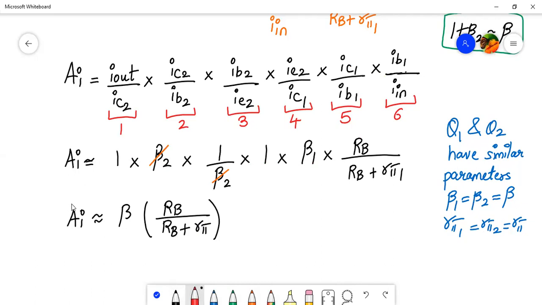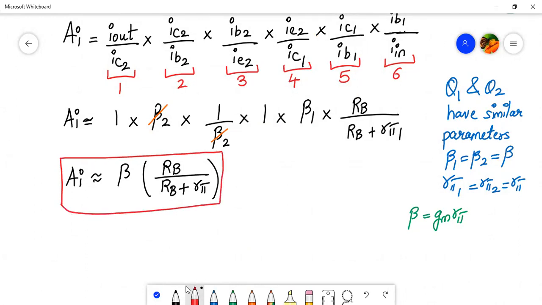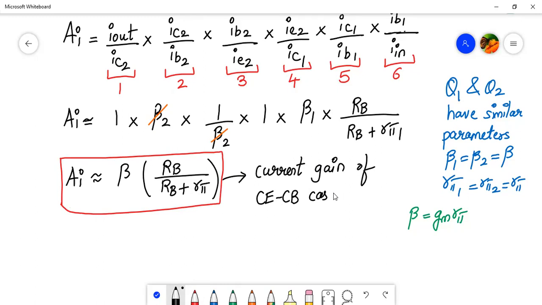Fine. So this is the expression for AI, which can be written as follows. Now we know that beta is nothing but Gm into R pi, so we can also write it in those terms. This expression is also correct, and this is the current gain of the common emitter, common base cascode stage.